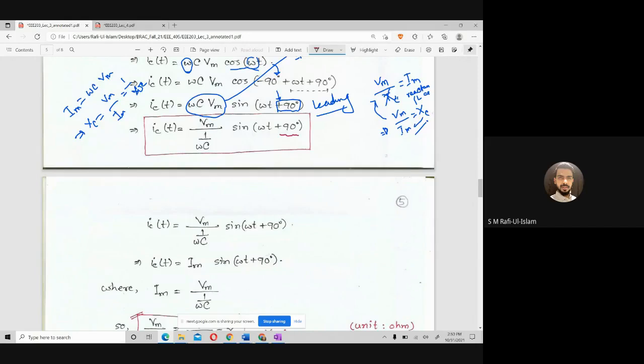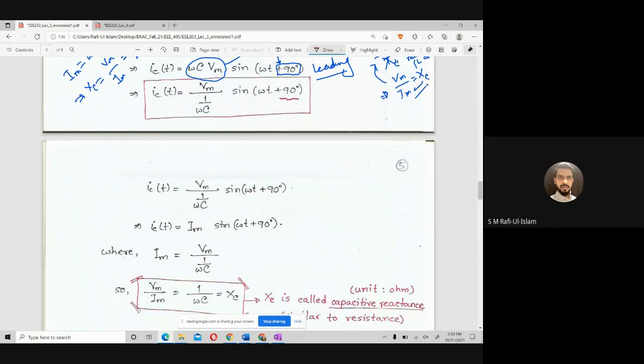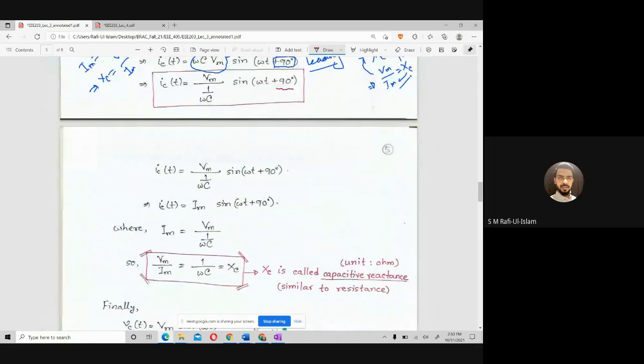So the reactance for a capacitor is 1 upon omega C. Let's recall again: for an inductor we got omega times L, for a capacitor we got 1 upon omega times C. Some people write 2 pi fL because omega equals 2 pi f, and 2 pi fC.